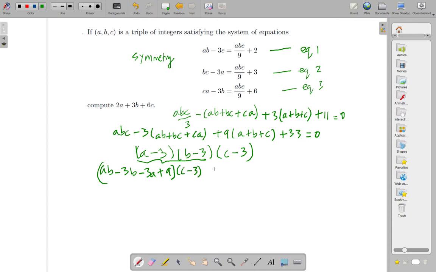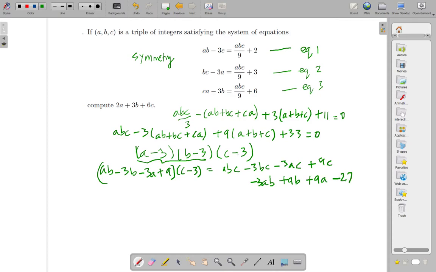If I multiply that by C minus 3, I get ABC minus 3BC minus 3AC and then plus 9C, and then with negative 3 I get minus 3AB, and then minus 3 and minus 3 will be plus 9B, and minus 3 and minus 3 will be plus 9A, minus 27.